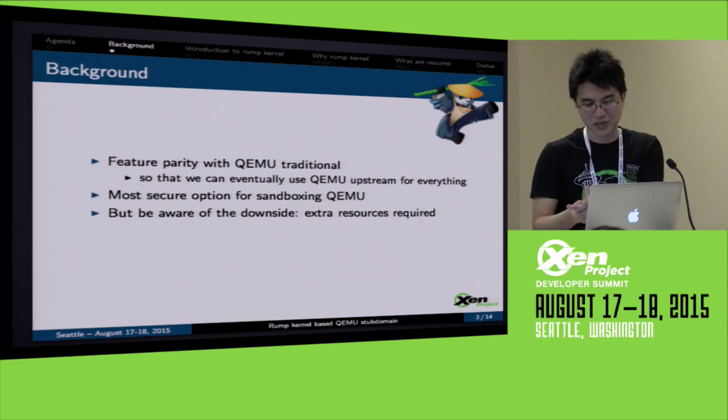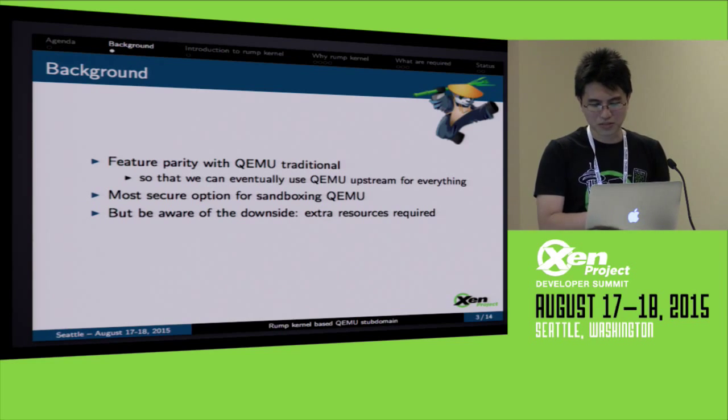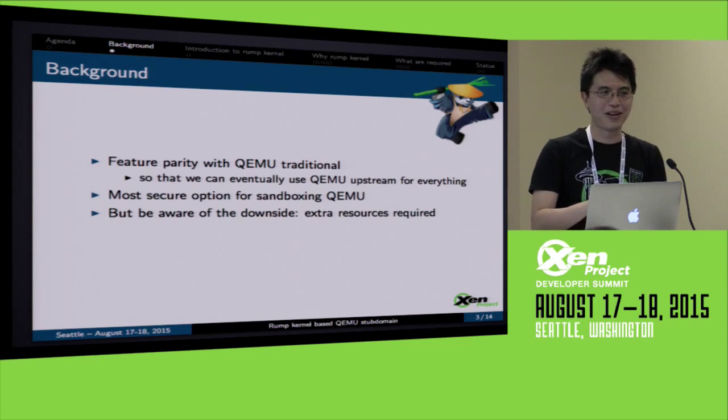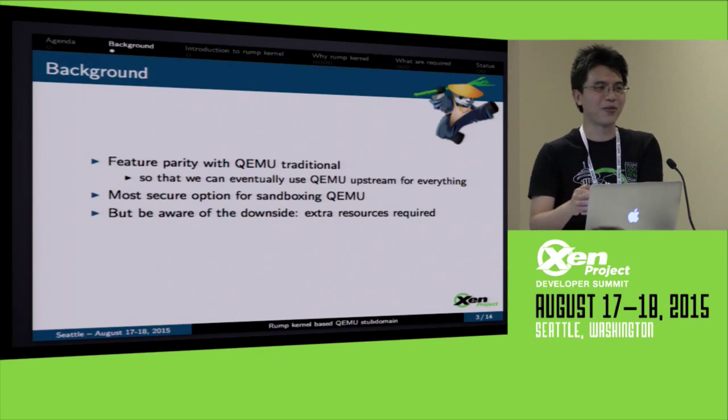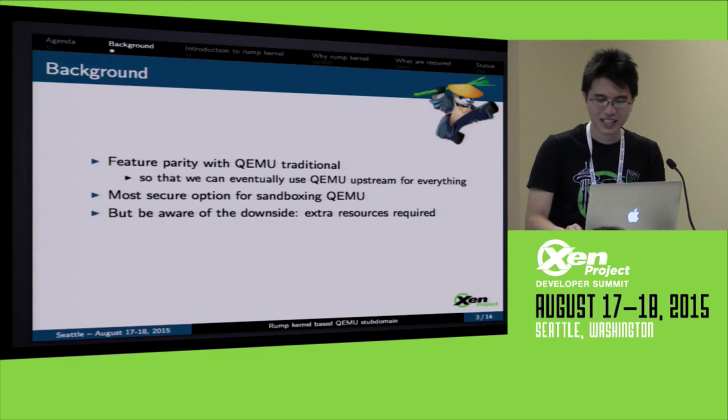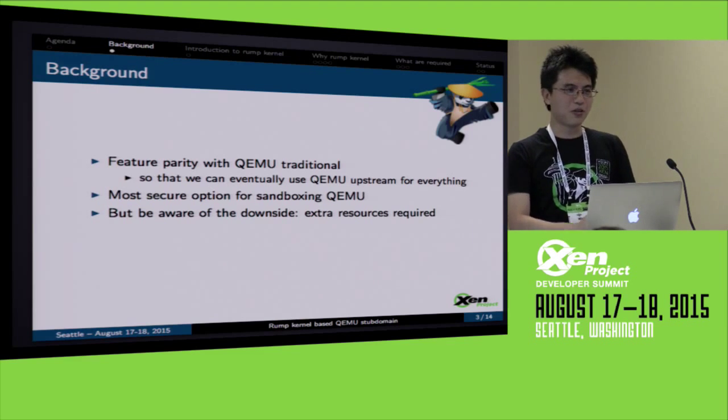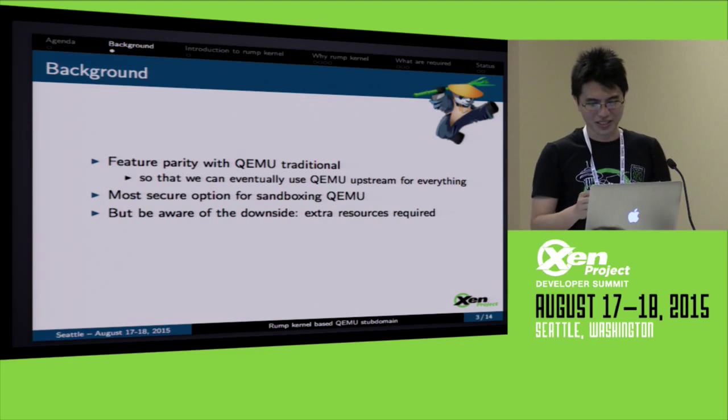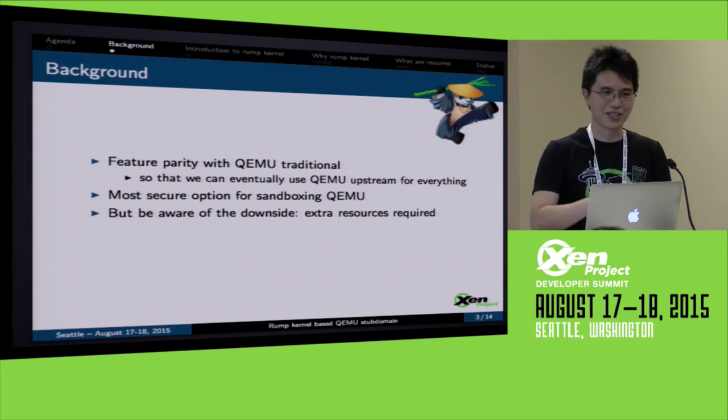That also means maybe some extra resources make it harder to run more guests, so that they can't make the same amount of profit as before. So there's no perfect solution to the QEMU security problem. There are definitely trade-offs, so just be aware of that.